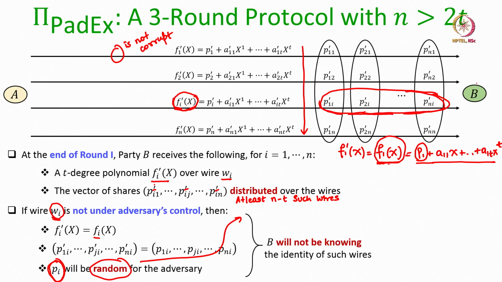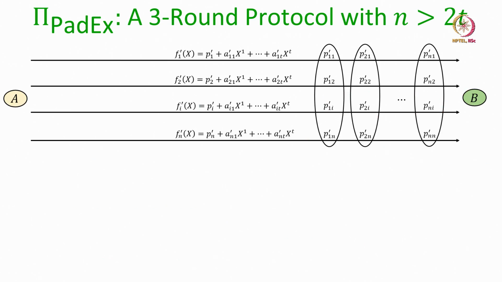However, the party B or the node B will not be knowing the exact identity of such clean wires Wi, because it only knows the number of corrupt wires. However, it may not know the exact identity of the corrupt wires, right. So, that finishes round 1.